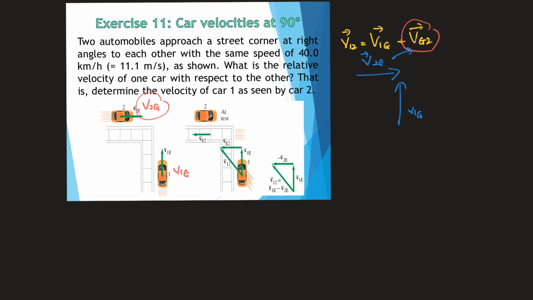Therefore you are going to get vg2 here, which is negative. And then there's the car over there, v1g, so the relative velocity, the resultant, is going to be in this direction. This is the one that you need to find, v12.